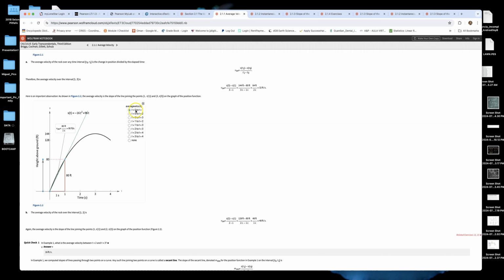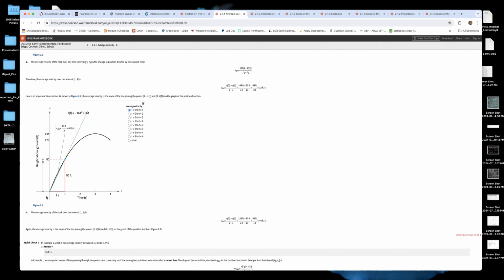At some moment, if I consider an interval in time that is a little bit higher than 0, but very close to 0, this is going to be the slope of the line that is passing through the point 0, that is the tangent, that is the instantaneous velocity.